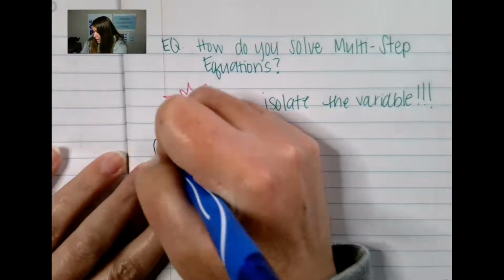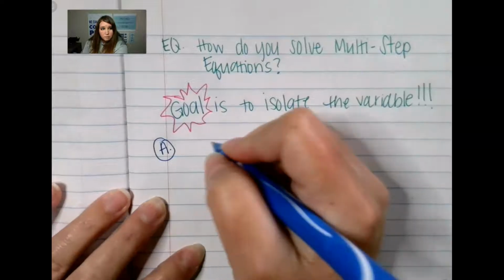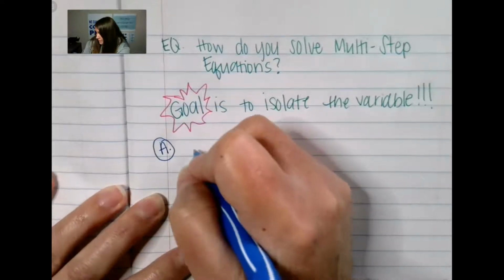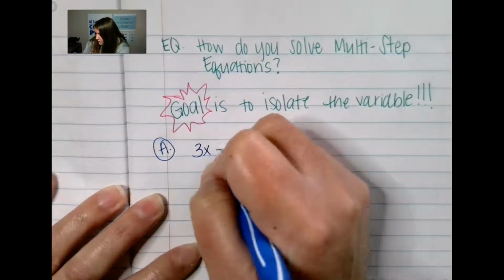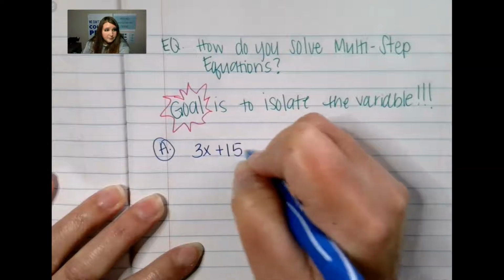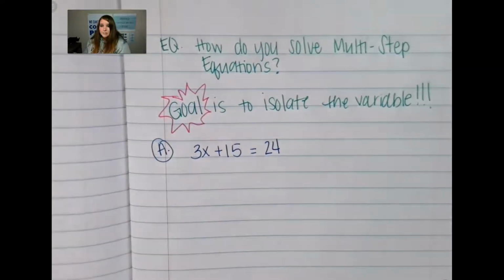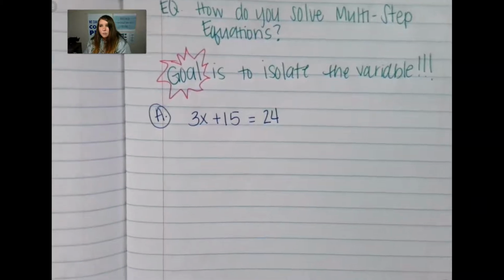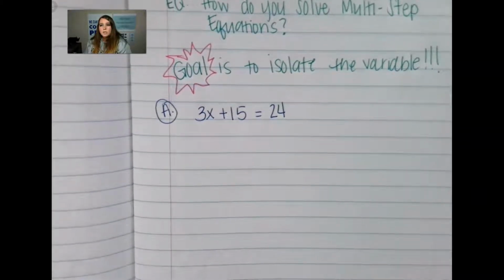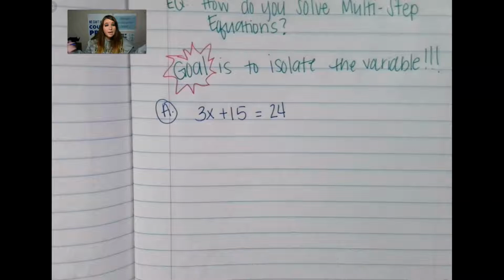So when we're looking at a problem with multiple steps, it would be something like this. In this problem, your job is to get the variable by itself. So again, we have a balance, and we have to do to one side what we do to the other side.